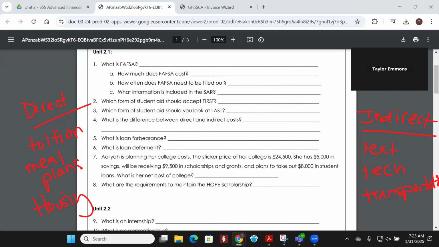It depends on the school. That's a direct cost though, because the school said you have to pay this, and I paid directly to the school. Does that make sense? Cool. It's optional after your sophomore year, but again, it depends on the school.